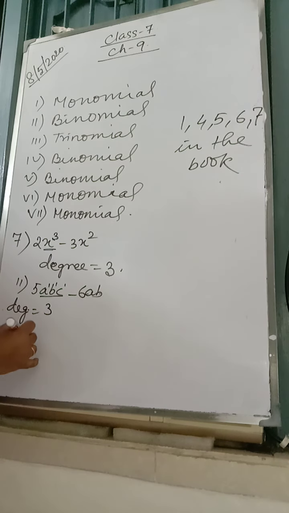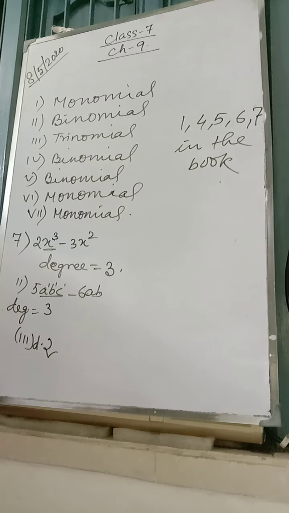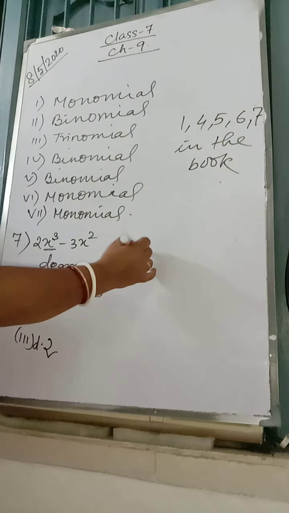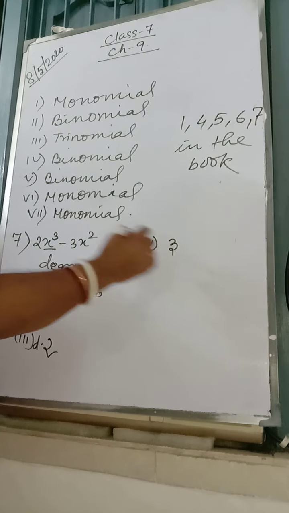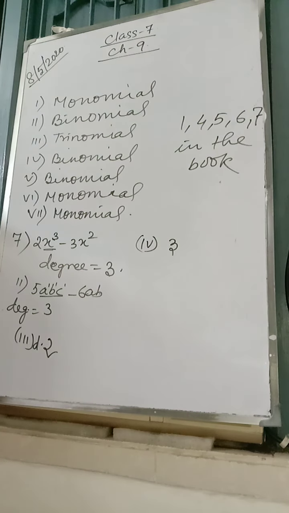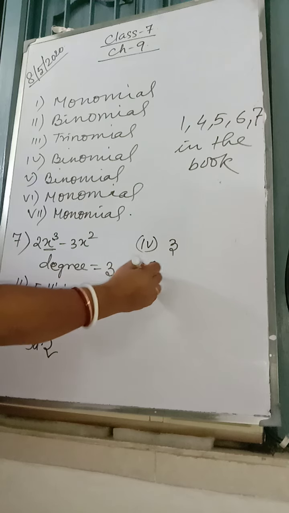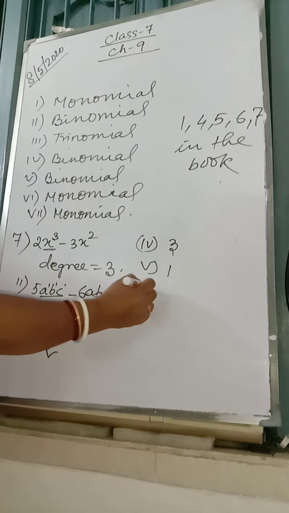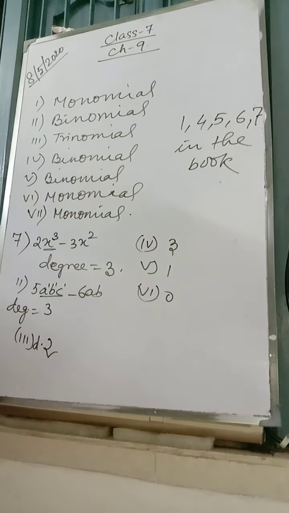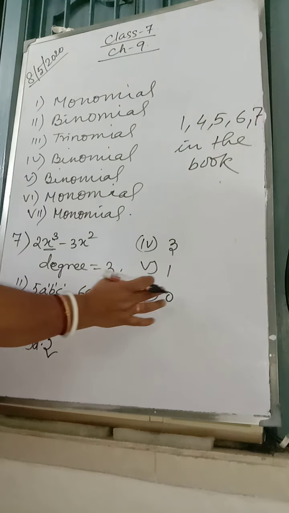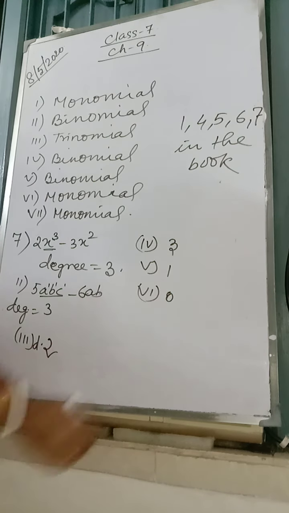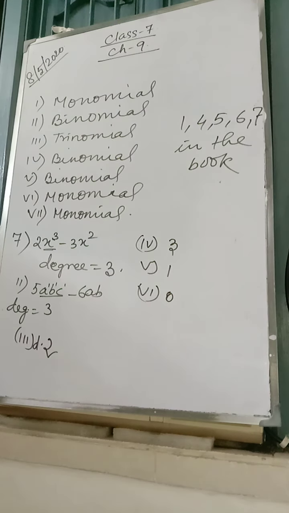Number 3's degree is 2. That is x and y. Number 4's degree is 3. That is x square and y 1. Number 5's degree is 1. And number 6's degree is 0, there is nothing, no variable. Okay.